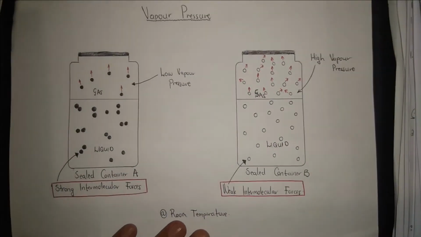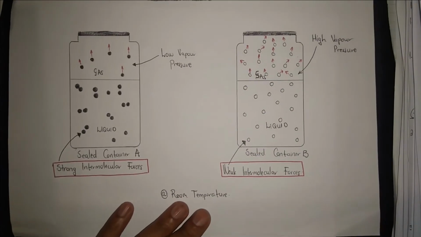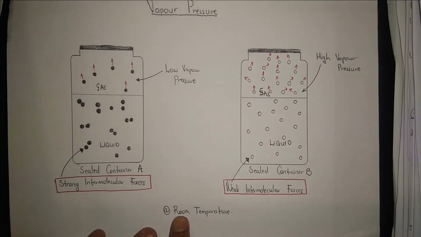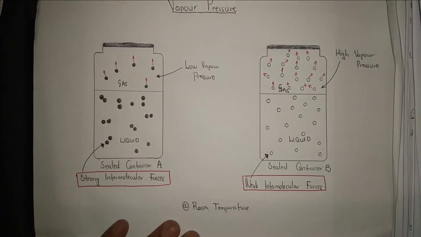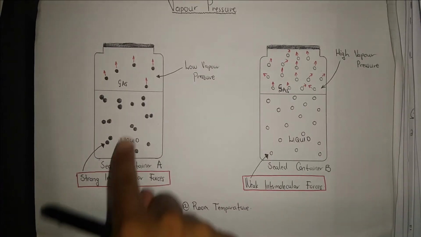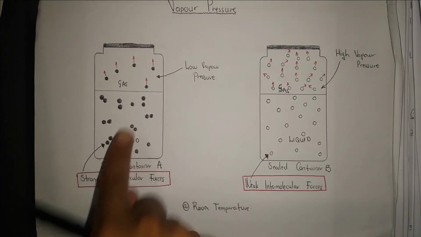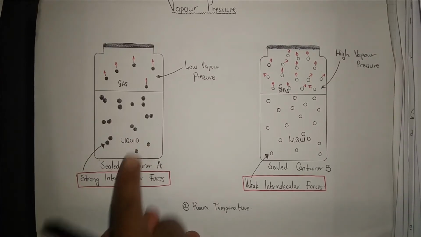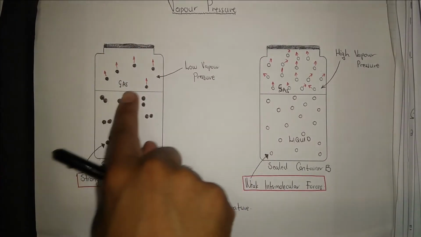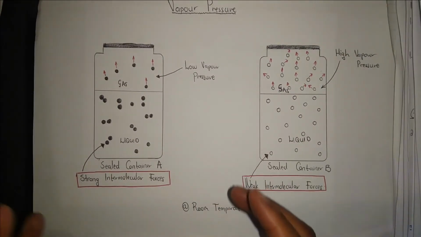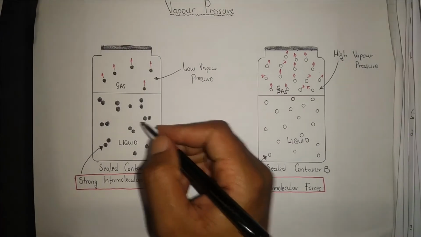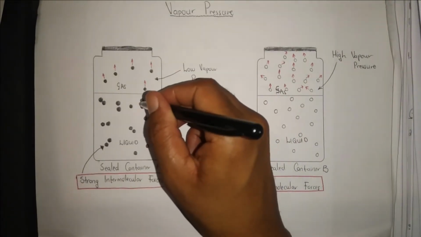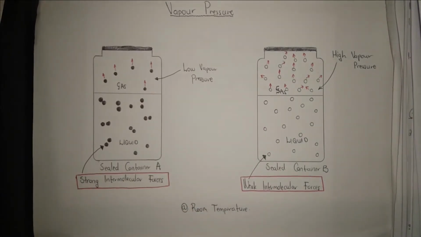Remember, let's go back to this sketch. At room temperature we have strong intermolecular forces. If I want to break these intermolecular forces, what do I do? If I increase the temperature or apply heat to this container, what's going to happen above the liquid? We will have more vapor. Because now I apply energy onto the container and increase the temperature, I'm actually trying to overcome the intermolecular forces.